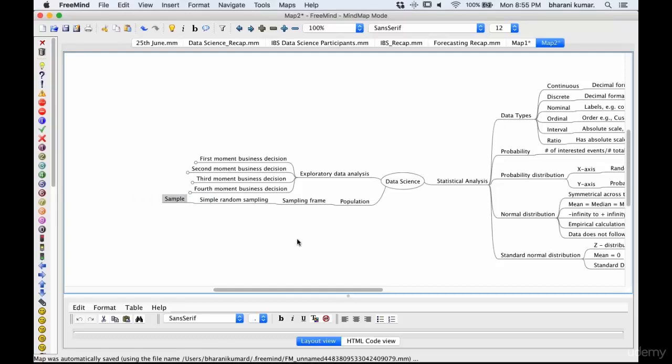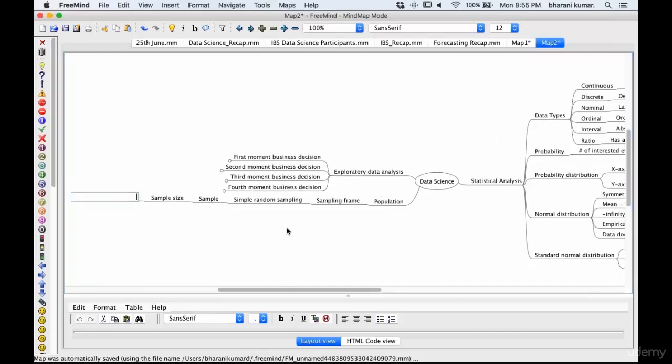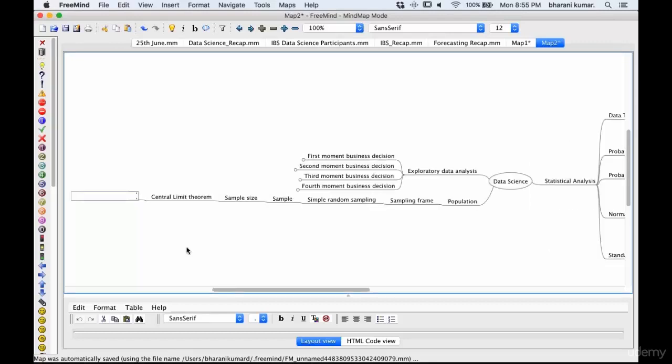Now the million-dollar question here is, how do you determine the sample size? Sample size is determined based on central limit theorem, taking roughly 30. So approximately 30 data points is a good idea.